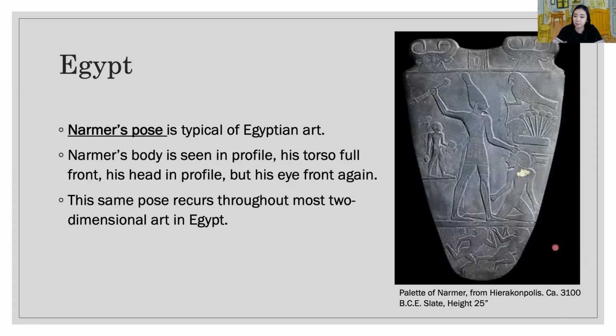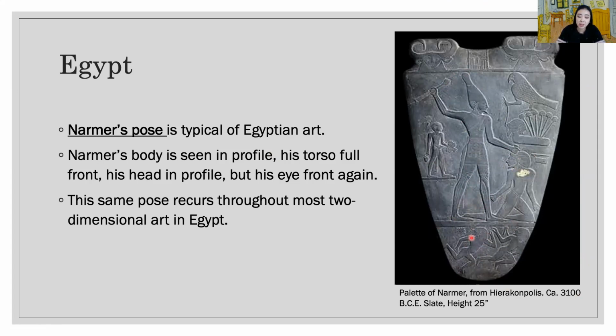It looks familiar with this palette, right? So this is called Narmer's pose. Narmer's pose is typical of Egyptian art. When depicting an important personage like Narmer, the Egyptian artist strove to show each part of the body to best advantage so that it could be read clearly by the viewer.